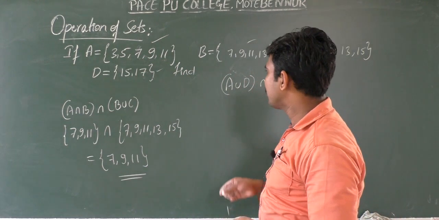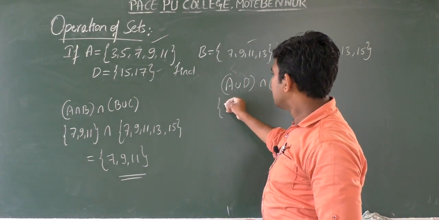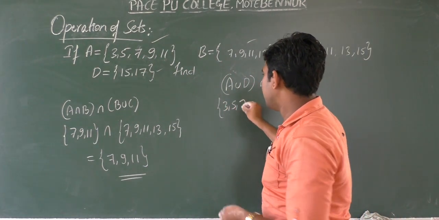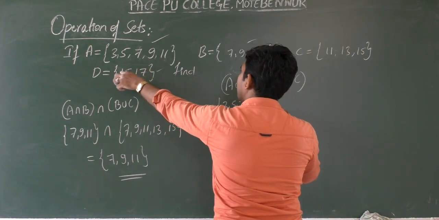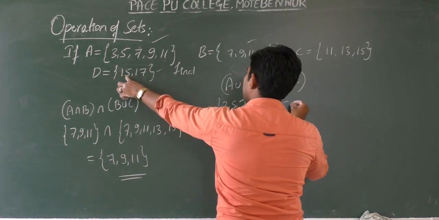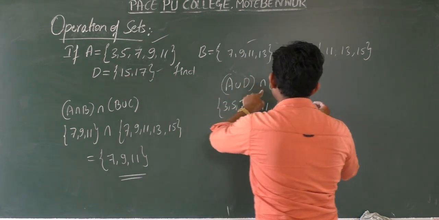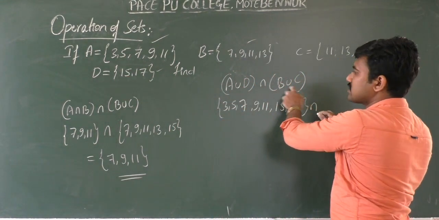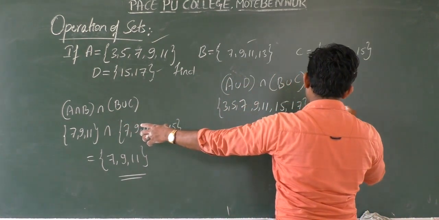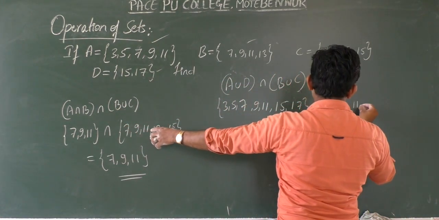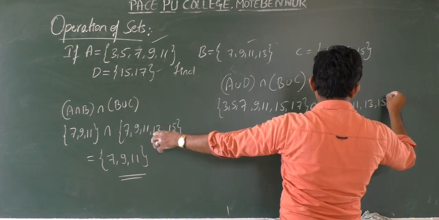Collect all the elements of A and D, that is 3, 5, 7, 9, 11 and 15, 17. Intersection with B union C, which we already wrote: 7, 9, 11, 13, 15.